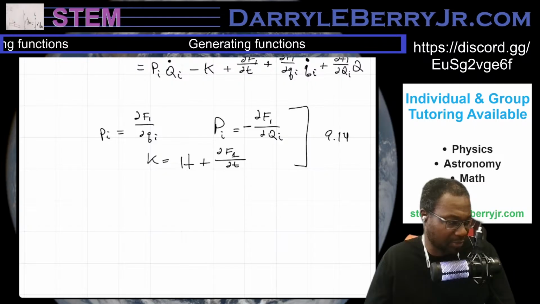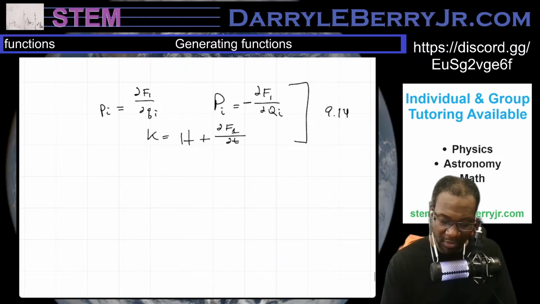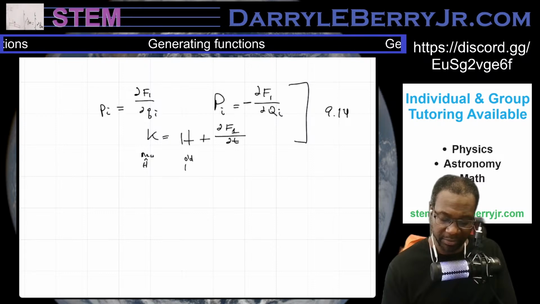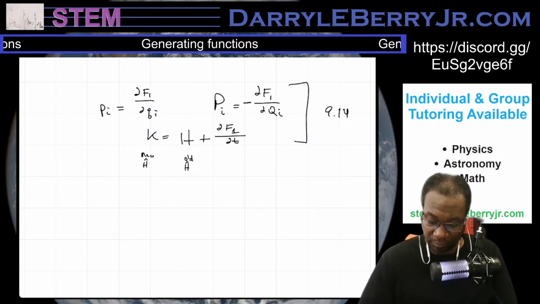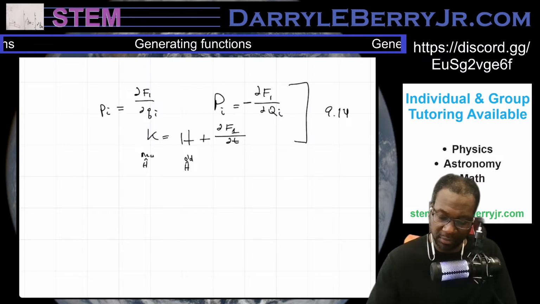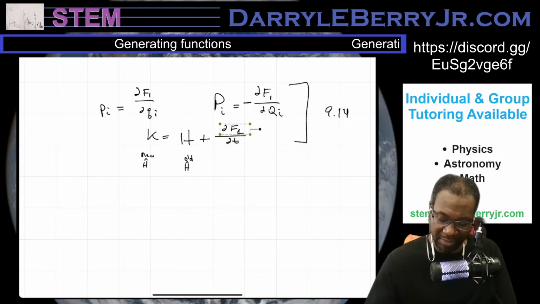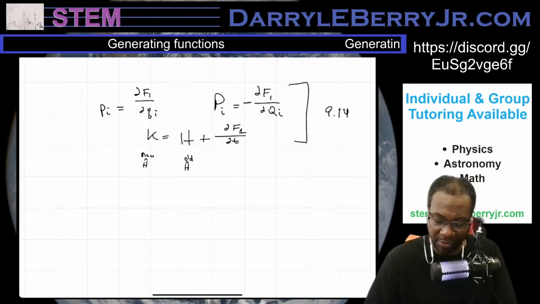The complete story, equation 9.14c, provides the connection between the new Hamiltonian K and the old one H. So this connects the new H, old H. Okay, so the time derivative of the generating function plus the Hamiltonian gives us a new Hamiltonian.